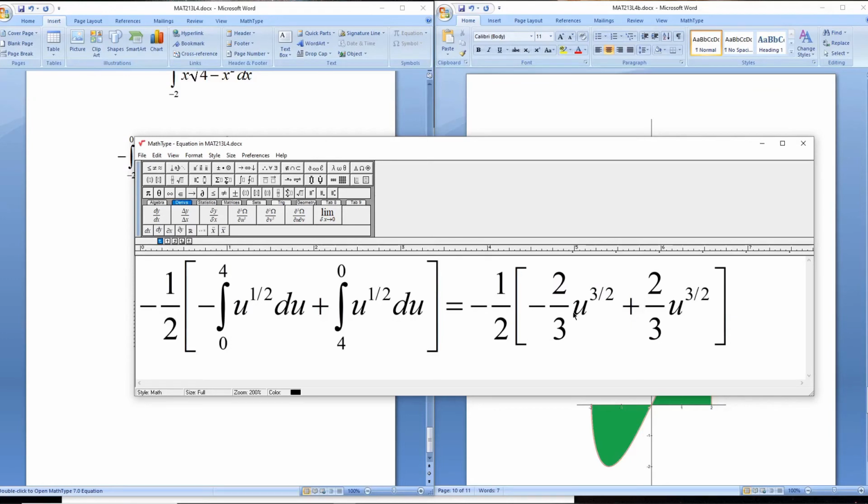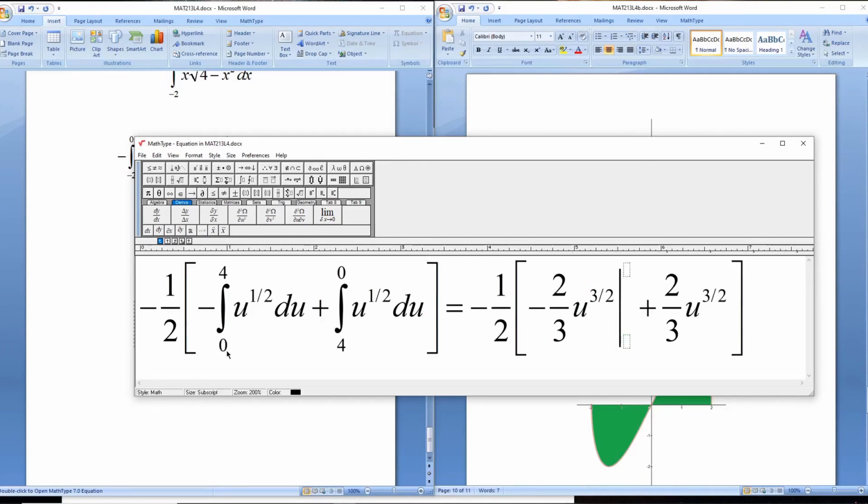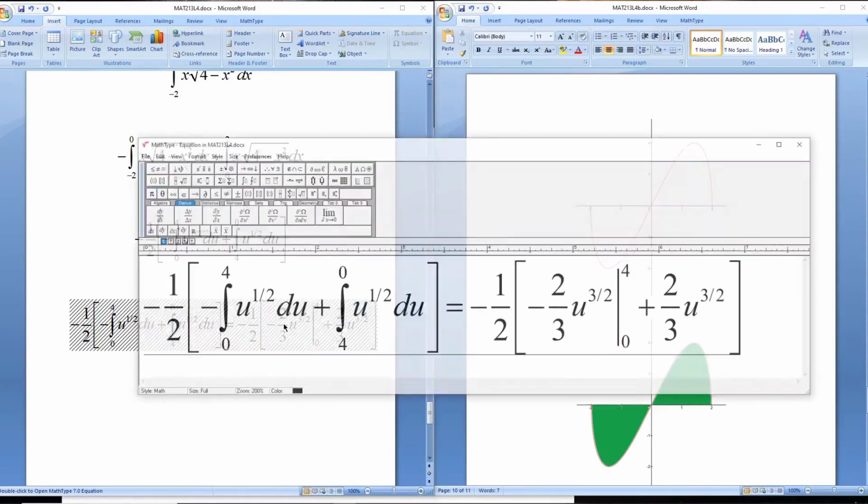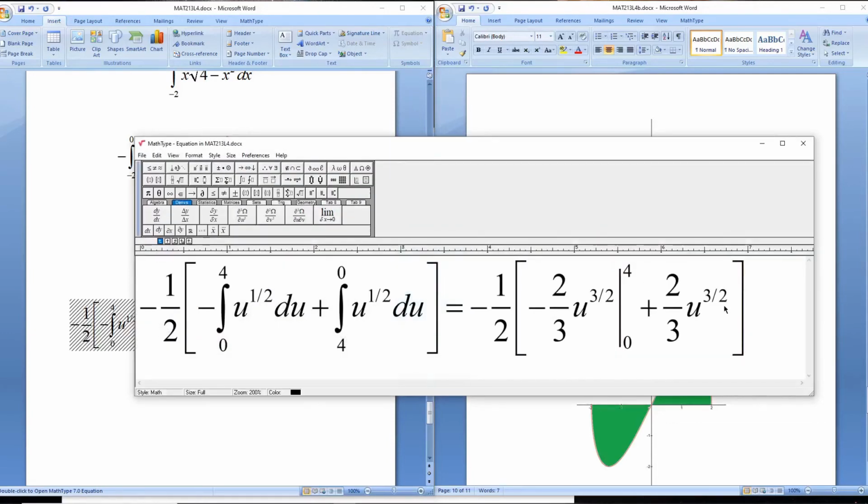Now these are the antiderivatives. Remember, we're not done yet. Once we have the antiderivatives, we then have to indicate we haven't done the fundamental theorem on them yet. So the first integral goes from 0 to 4, and the second antiderivative will go from 4 to 0.